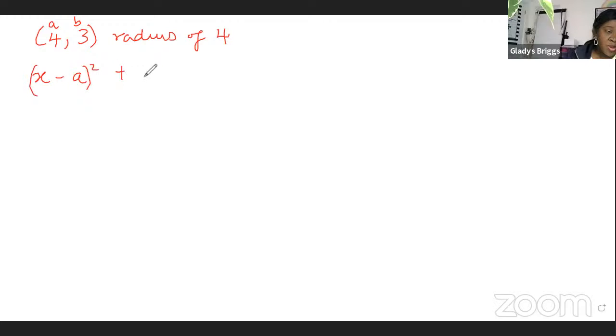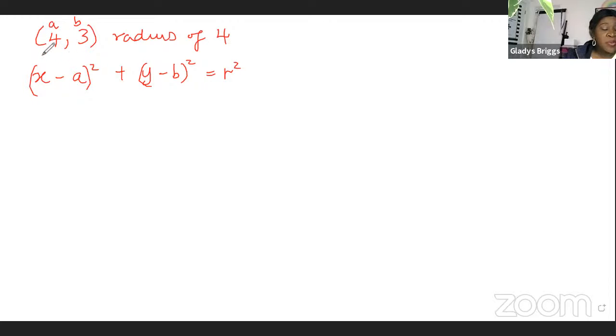Okay, so we had the radius, we had the coordinates of x and y to be 4, 3, and we had the radius of 4, yeah? So using this formula, remember this is your a and this is your b, x minus a squared plus y minus b squared is equal to the radius squared, okay?